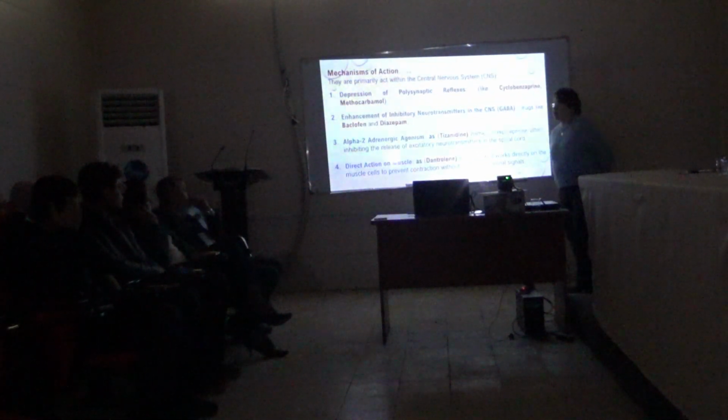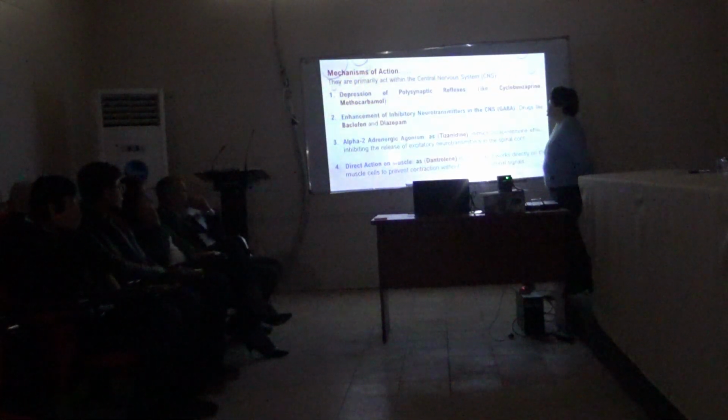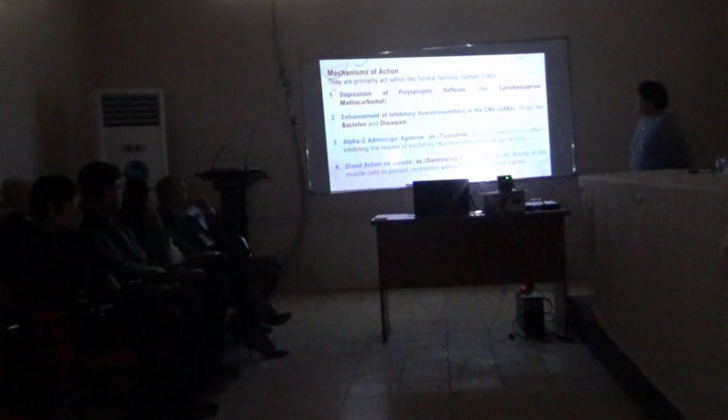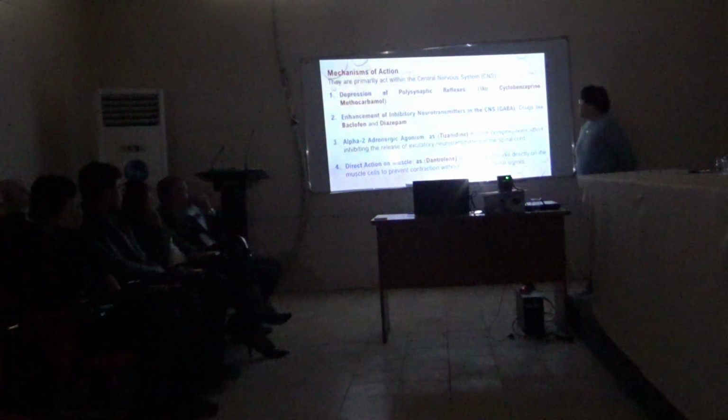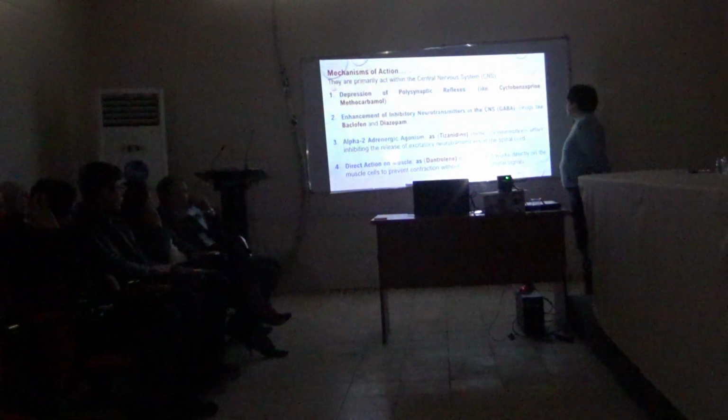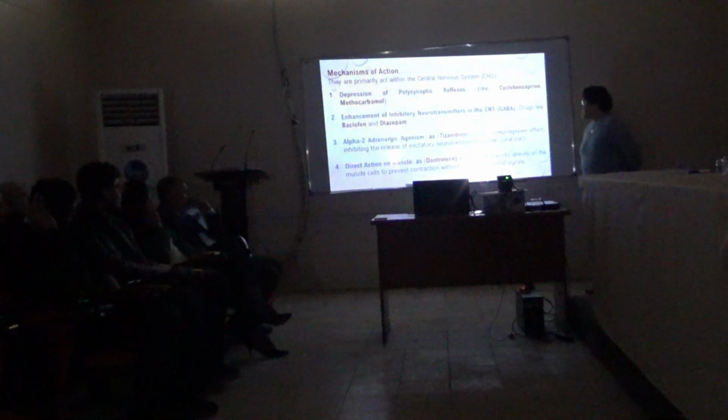Mechanism of action of this group. First, depression of polysynaptic reflexes, like cyclobenzaprine and methocarbamol. Second, enhancement of inhibitory neurotransmitters in the CNS, the GABA receptor, with drugs like baclofen and diazepam.